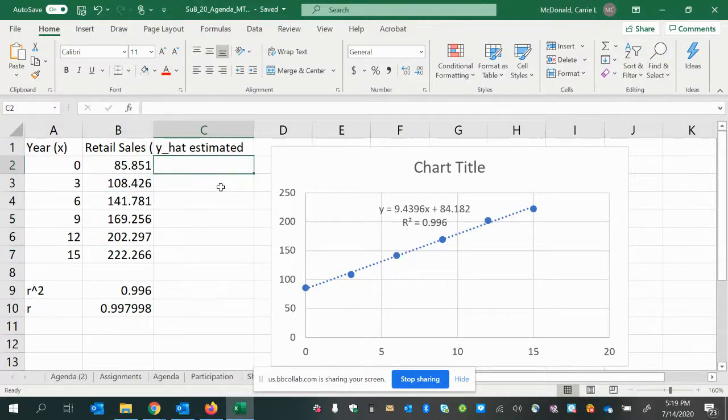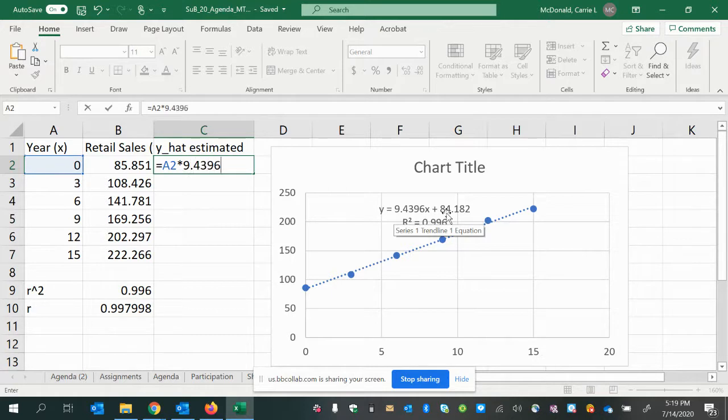So what we do is we take the X value times the slope, which is 9.4396. Then we add the y-intercept, 84.182.